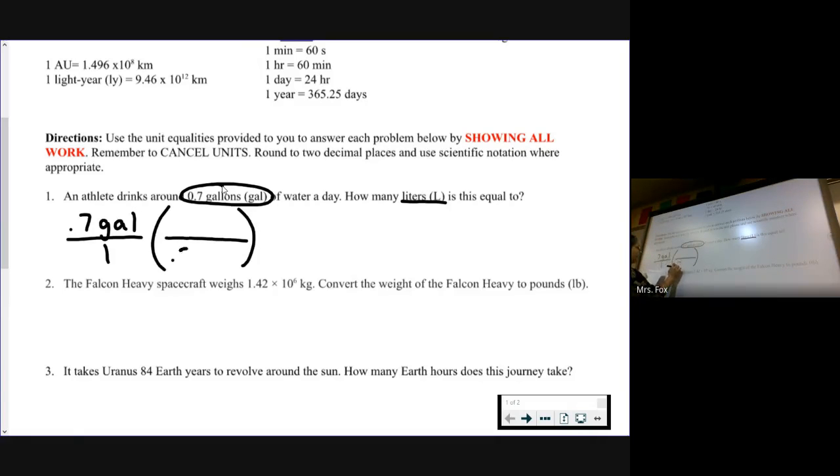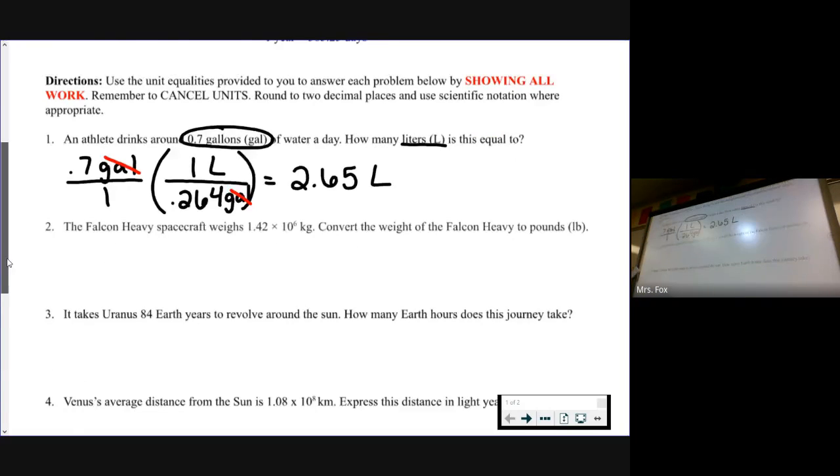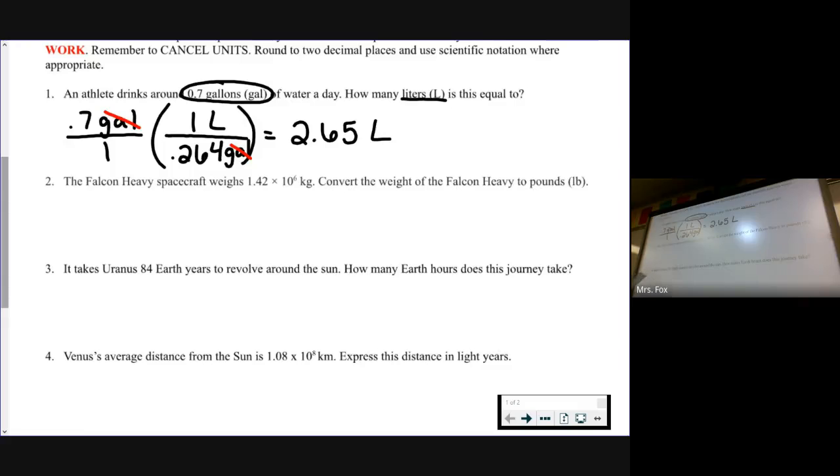I'm going to have 0.264 gallons in the bottom. Remember, I found that in my equality. 1 liter up top. My gallons cancel. I divide, and I get 2.65 liters.